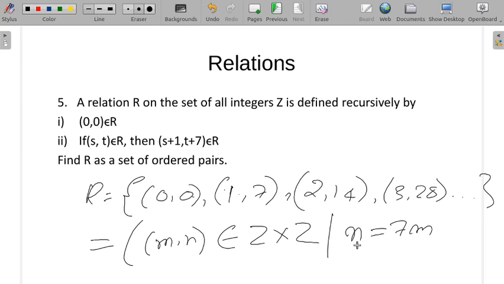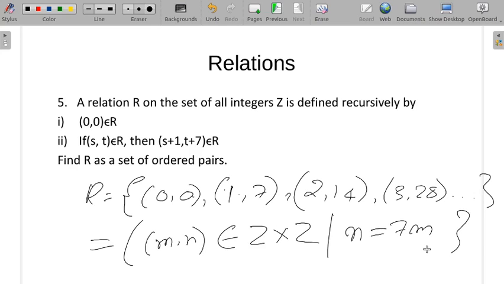So the second element is 7 times the first element, n equal to 7m. If m is there, then make 7m, then you will get n. Okay, so this is the way we are denoting it. The second element will be the multiple of 7 of the first element. So this is how we denote the relations.